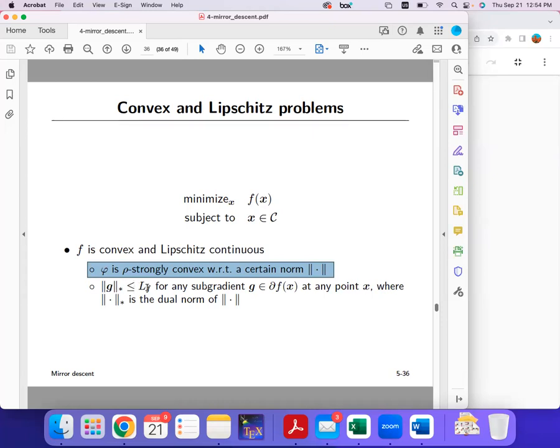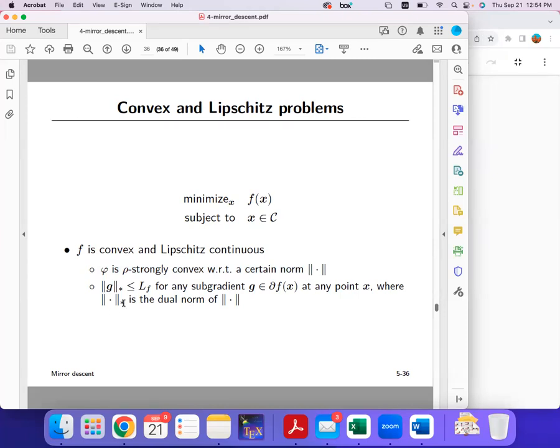Okay, it's bounded by a constant LF. Well, this norm is the dual norm of the norm that we used in the strongly convex case.